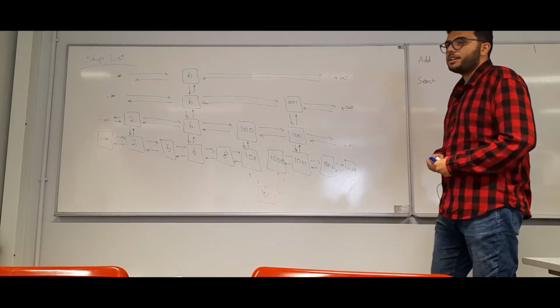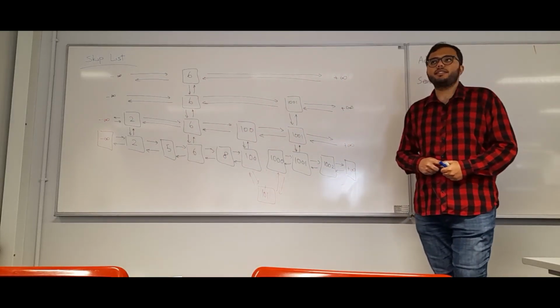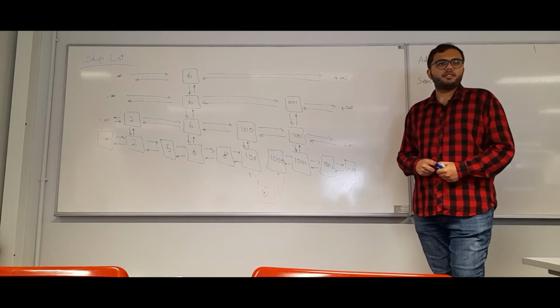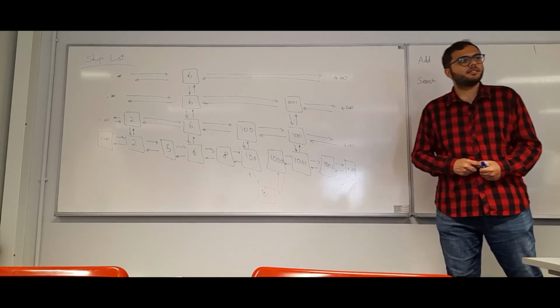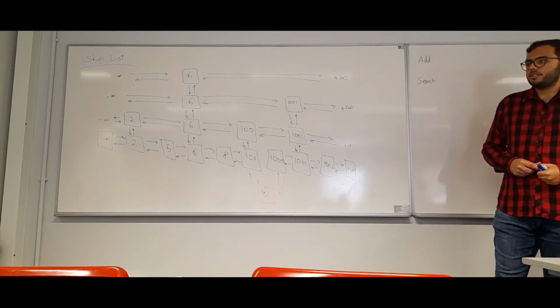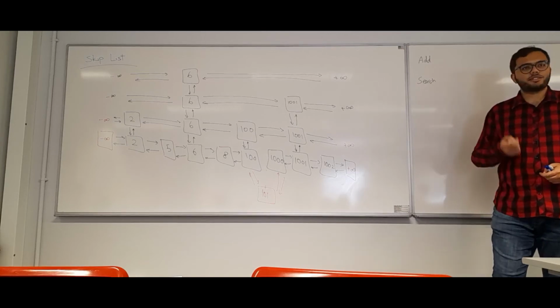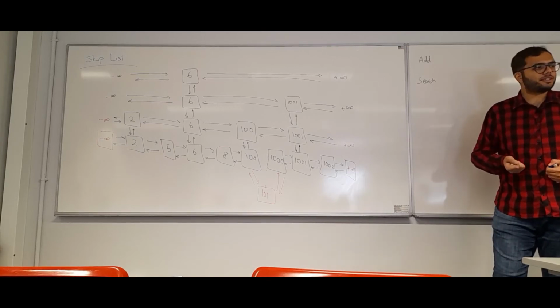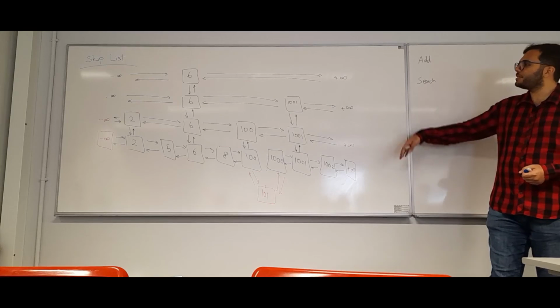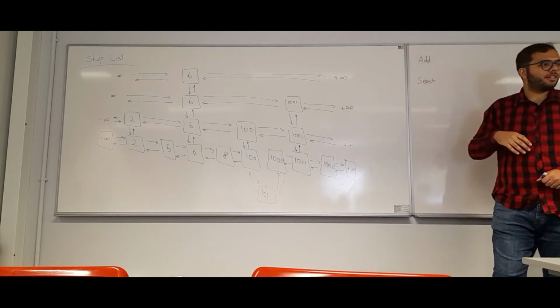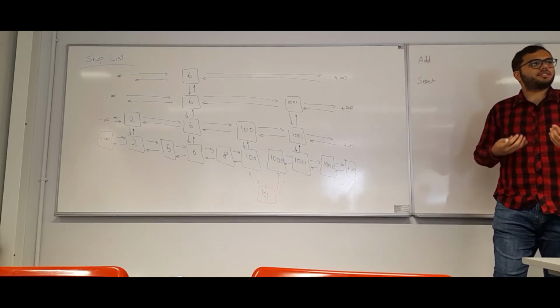So, how much time do I spend for adding an element? My worst case is infinite, right? My worst case is that I just flip this coin and it comes up heads forever, and I'm just adding more and more layers forever. Right? But what is the expected time?